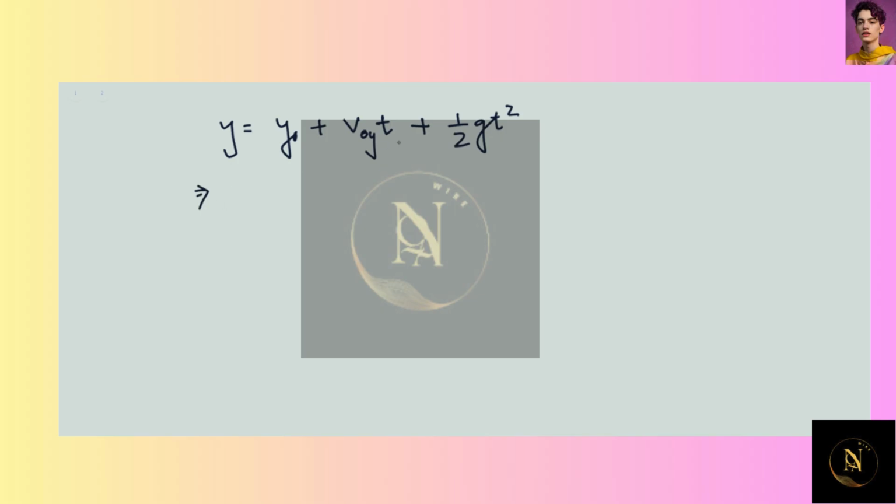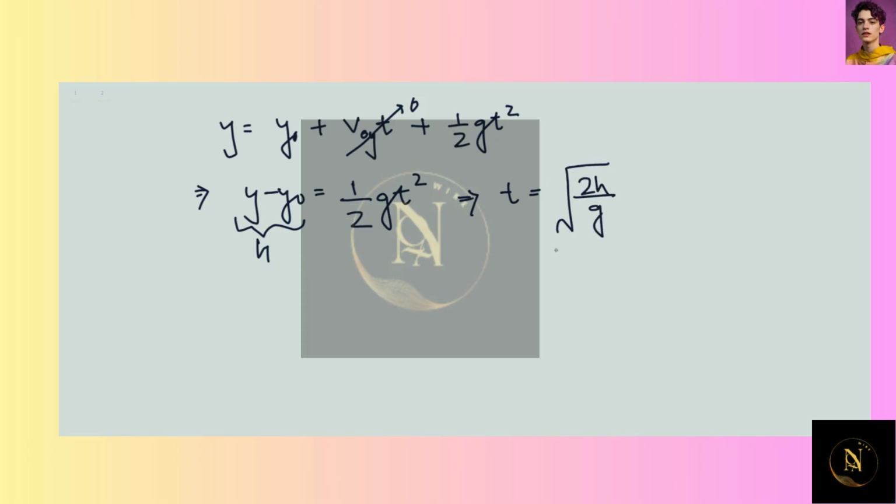This is the expression that we will use. Since the initial velocity is 0, this term goes away. And y minus y naught is just the distance covered in the vertical motion, so this is the height the ball falls. Now we get time, which is equal to the square root of 2h over g.